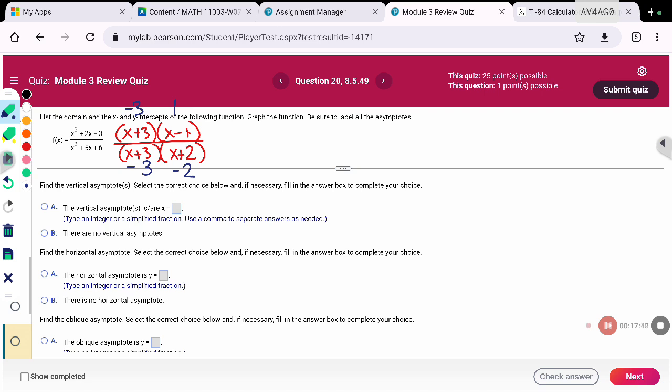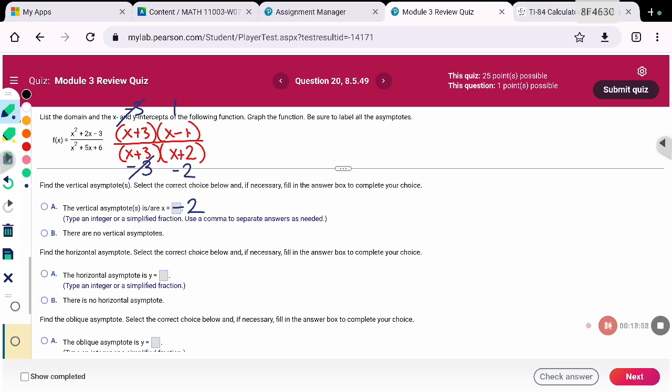So the vertical asymptotes are zeros of the denominator that are not also zeros of the numerator. The zeros of my denominator are -3 and -2, but -3 is not a vertical asymptote, just x equals -2.